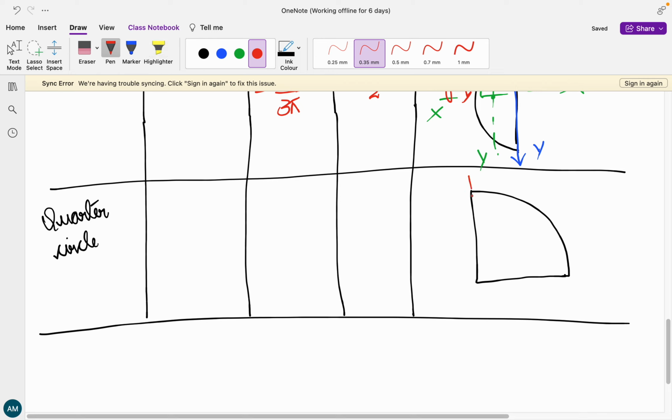Coming to the last one, quarter of a circle. Let us first denote the x-axis and y-axis. This is the x-axis, this is the y-axis.